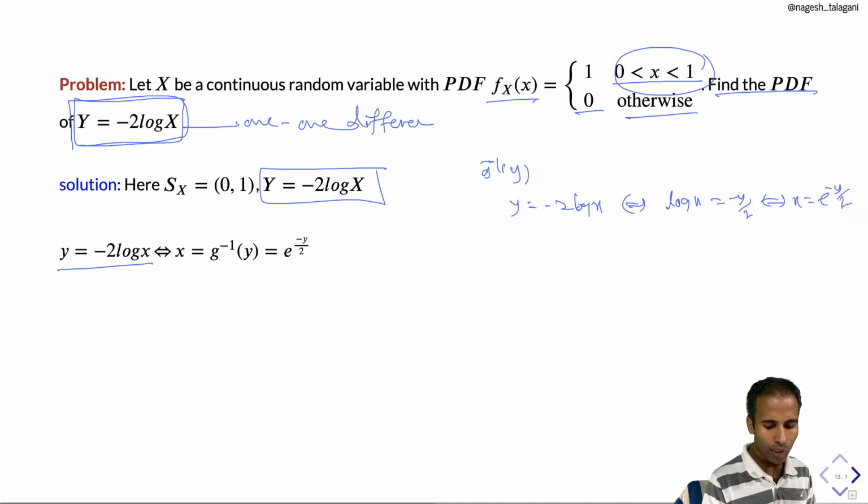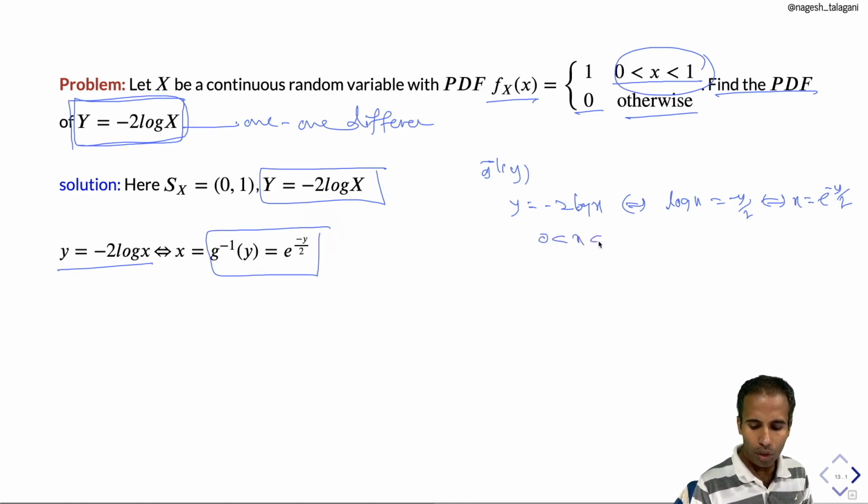That's why the inverse function G inverse y is going to be e power minus y by 2, that is x. Also if x is between 0 and 1, that is e power minus y by 2 is between 0 and 1, if and only if y is from 0 to infinity.